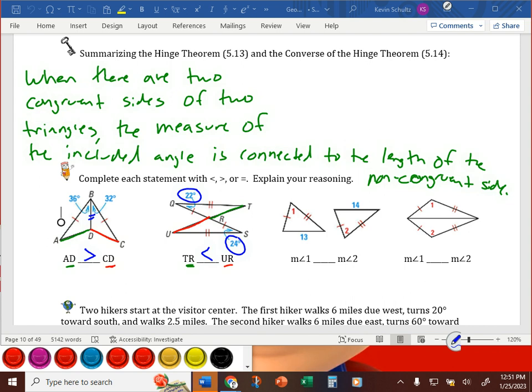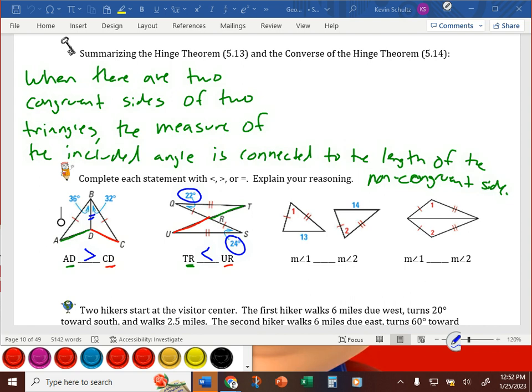The next one, we're looking to compare the measures of angle 1 and angle 2. So here's where we can use the side lengths and angle measures to conclude information about angles. We've got our two congruent sides, and this is a requirement. We have to have those two congruent sides there. Just like when you open a door, the doorway itself doesn't change the length. The door itself doesn't get wider as you open it. The opening gets wider because the angle does, right?